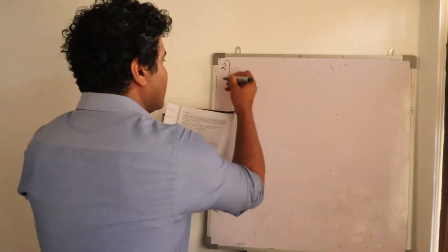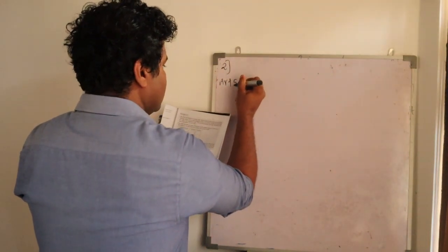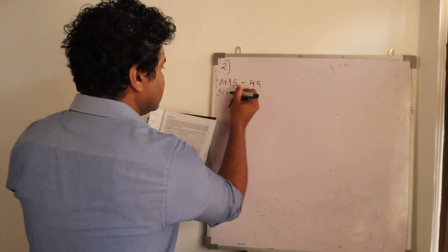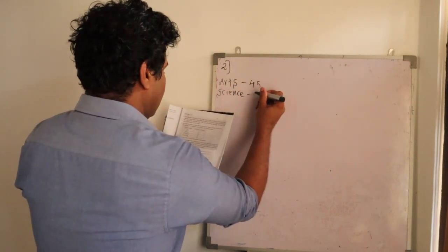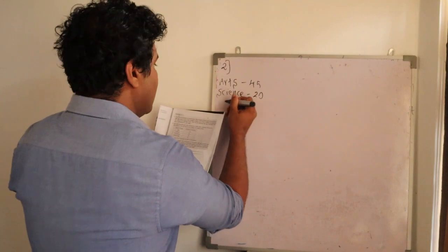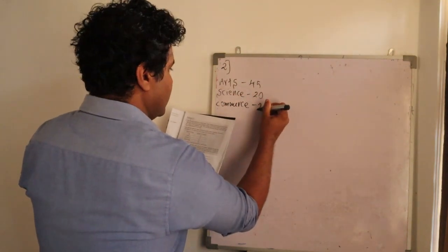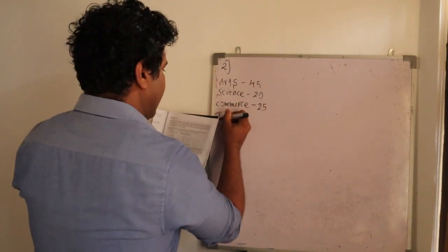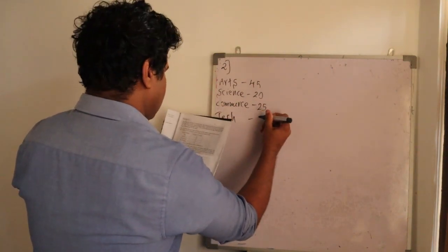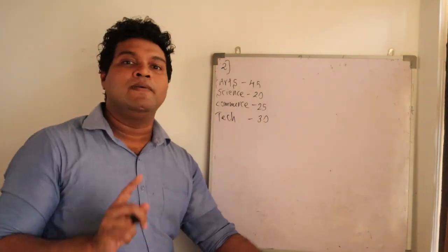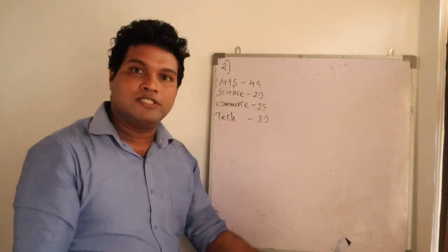Subject streams: arts 45, science 20, commerce 25, tech 30. The thing is, they haven't given us the totality of the students.